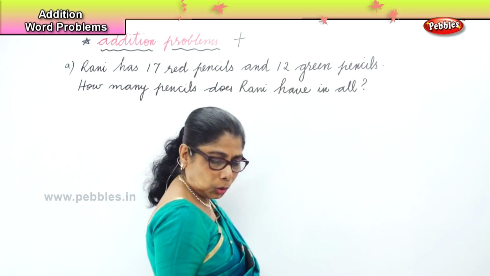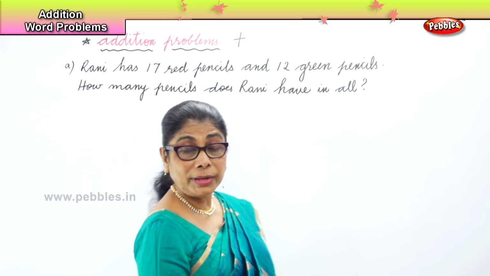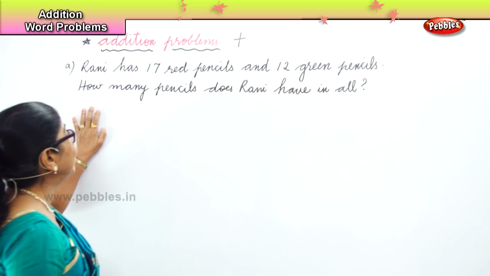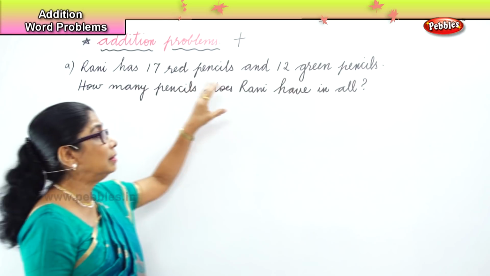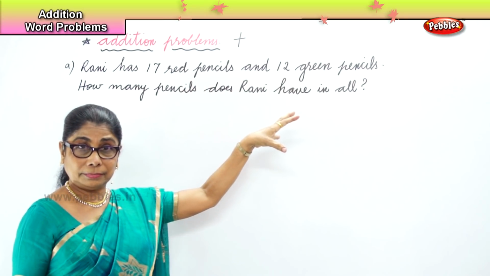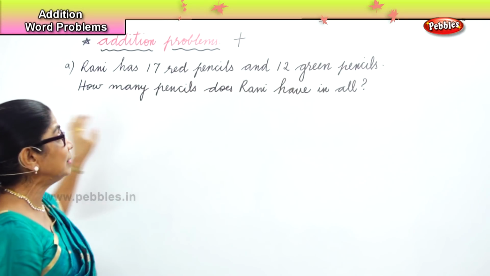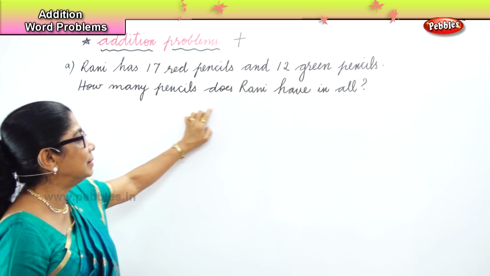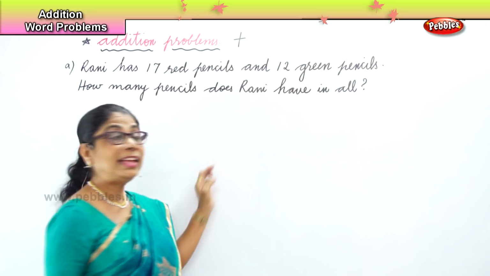Now, we have a story here. Story of Rani. Little girl Rani has some red pencils and green pencils. Now, the question we have given is, how many pencils does Rani have in all?